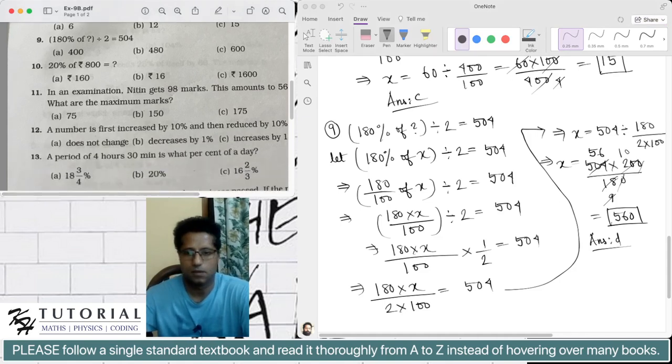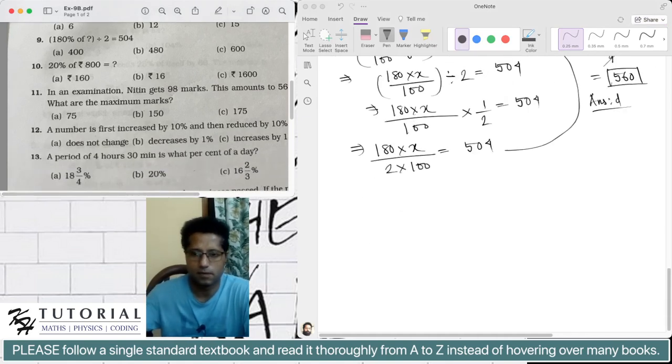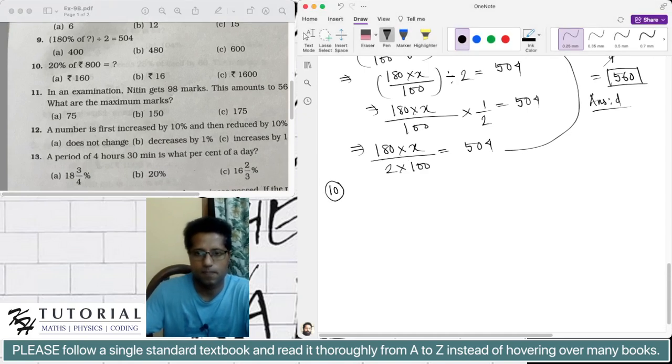Okay, let's do problem number 10. Again, we have to find what is 20% of rupees 800. So this is equal to 20% means 20 by 100 of rupees 800.